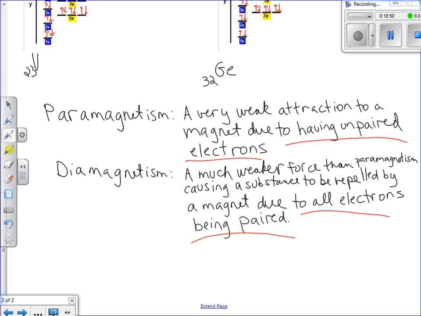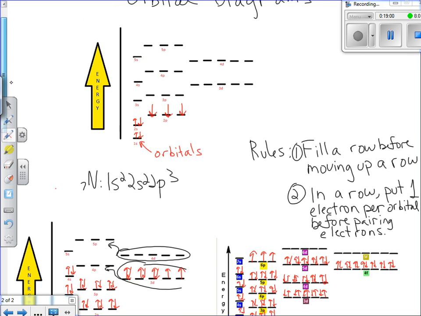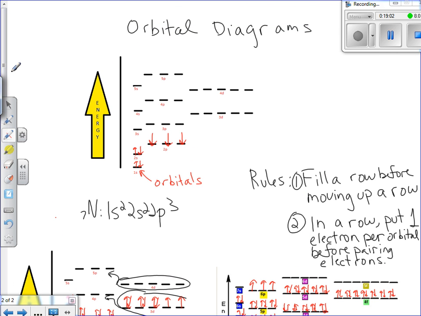So let's go back and look at all of the orbital diagrams that we've looked at. You have to actually look at an orbital diagram to check for paramagnetism or diamagnetism. So let's see. Nitrogen has unpaired electrons. If you have any unpaired electrons, the substance is paramagnetic.